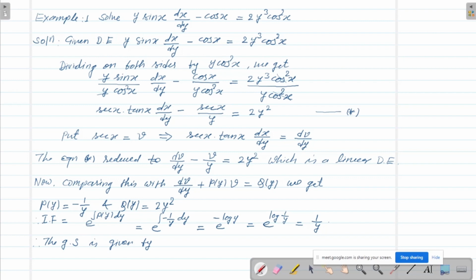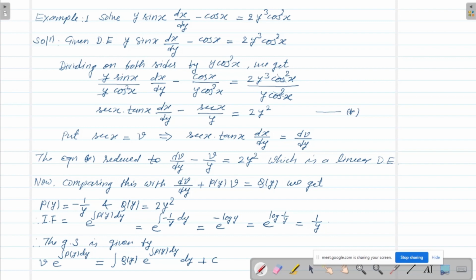The general solution is given by v times e raised to integration of p of y dy equal to integration of q of y into e raised to integration of p of y dy into dy plus c, where c is the integrating constant. Now substitute all the values over here.